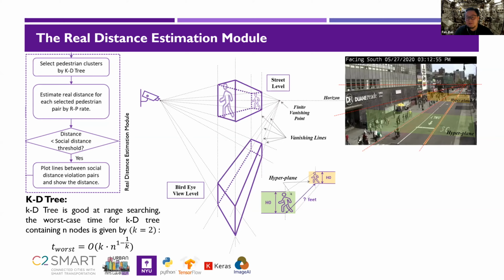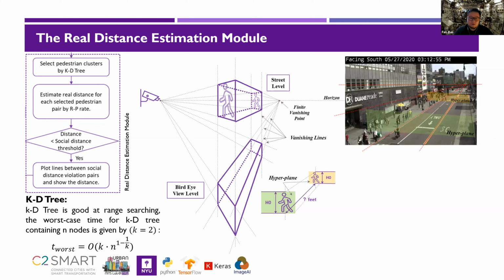And second, we assume that each person in the image is perpendicular to the horizontal plane and has the same real height h0. The detection results may be affected by the same-height assumption, but because of the size and the resolution of the videos, the impact of the same-height assumption is acceptable.